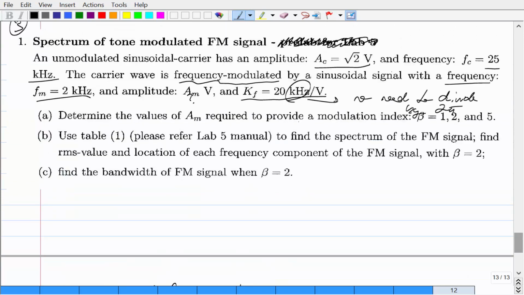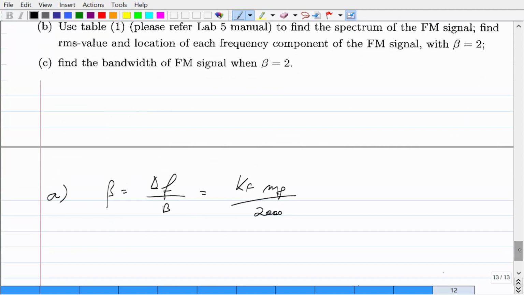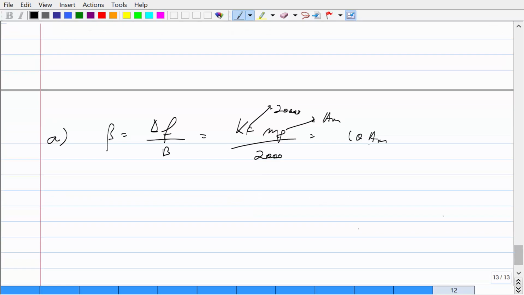The message frequency is 2,000, and K_f is 20,000, so this simply equals 10 A_M. If I want to figure out the message signal amplitude, I just have this relationship, which is beta over 10. Now I substitute beta equal to 1, 2, and 5.